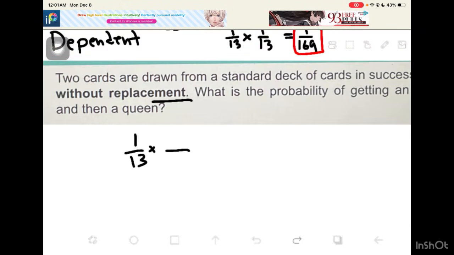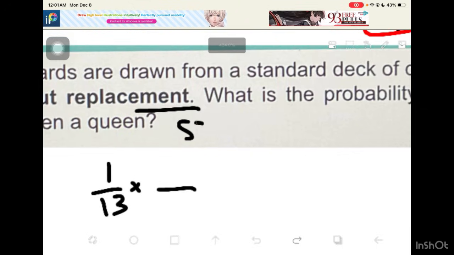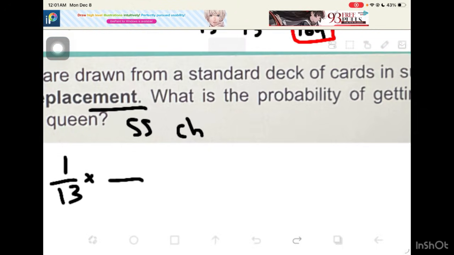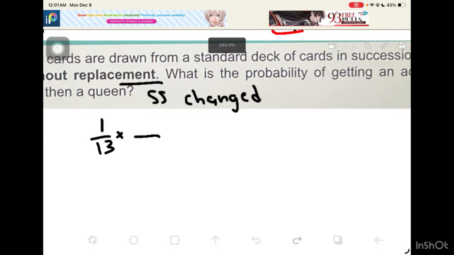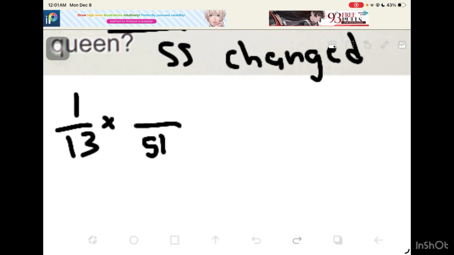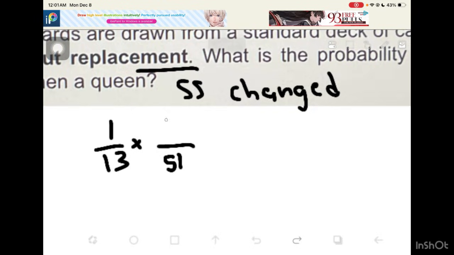Now the thing is, without replacement, once you take the ace card out, it's not going back, which means your sample space has changed. Because now there are not 52 cards in the deck anymore, there are 51 cards. But there are still 4 queens.